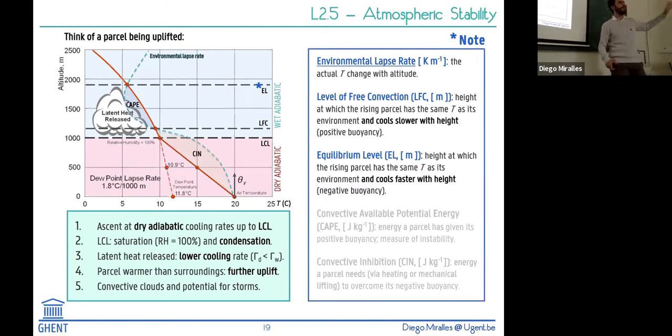Maybe today you launch a balloon with a thermometer, and it doesn't measure exactly 1 Kelvin per 100 meters, because that depends on other factors. It depends on the anticyclonic conditions, fronts, larger scale properties, and other things, right? So we know that the air that moves up is going to follow the dry adiabatic lapse rate, but the air that is already there may have a different lapse rate.